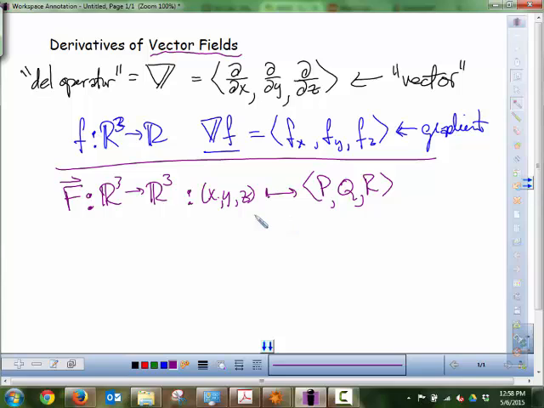And they're all functions of x, y, and z, then we have a vector field.